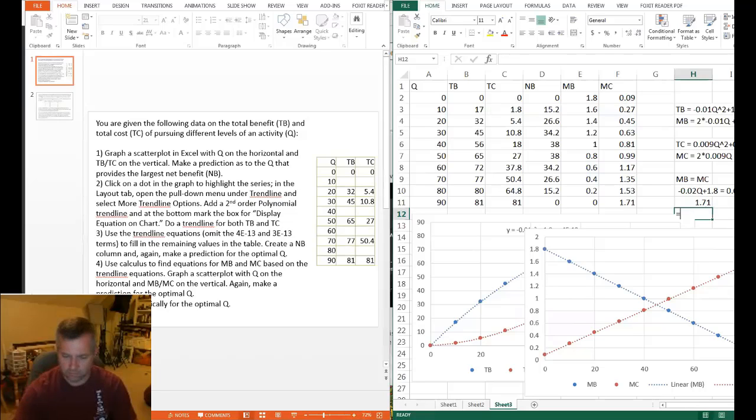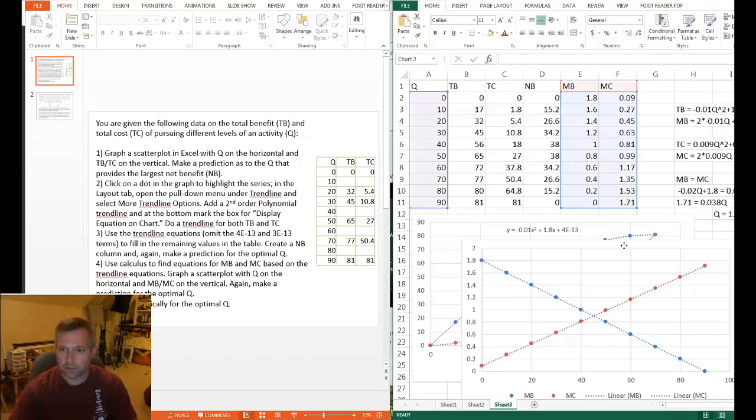If I do 0.018 plus 0.02, I get 0.038. So this simplified equation would be 1.71 equals 0.038 Q. Q equaled 45.